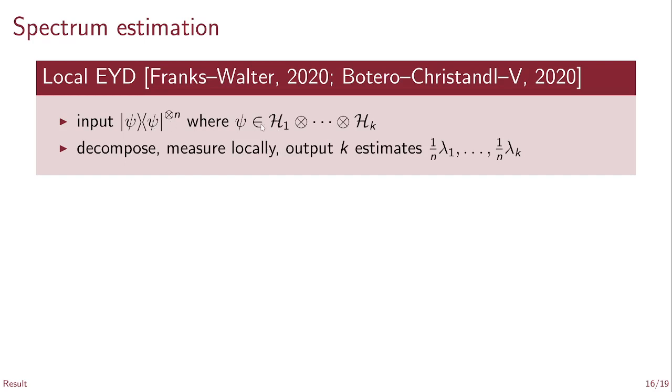So like the first party has H1 tensor n, and then plays the same game as on the previous slide. So they do these decompositions and measurements locally, and they output k estimates for the spectra of these k marginals.